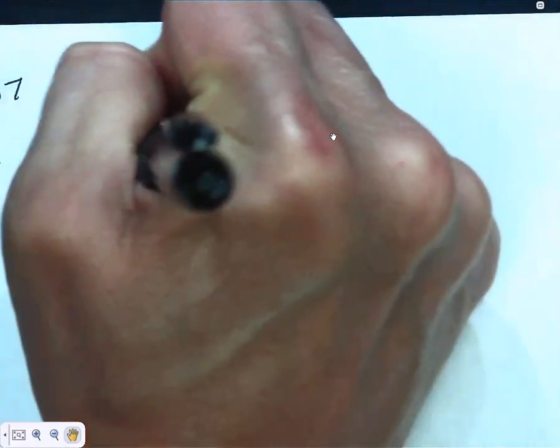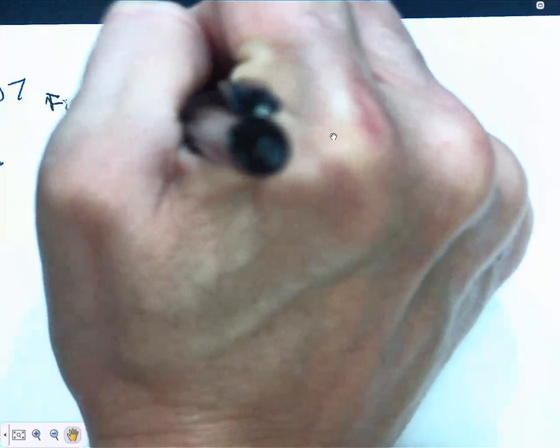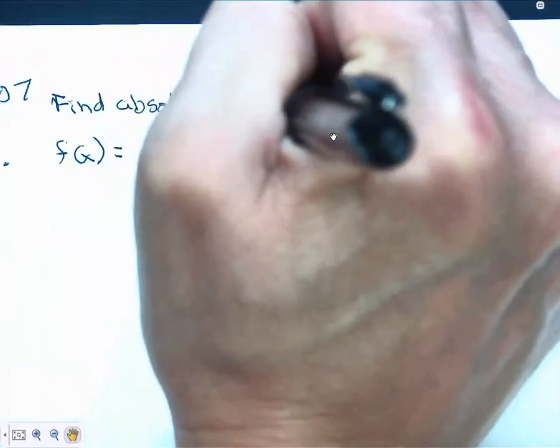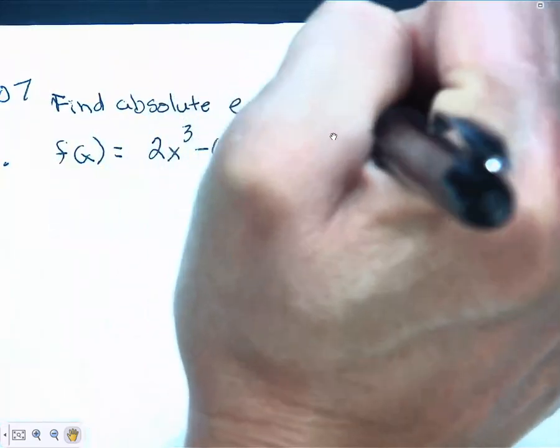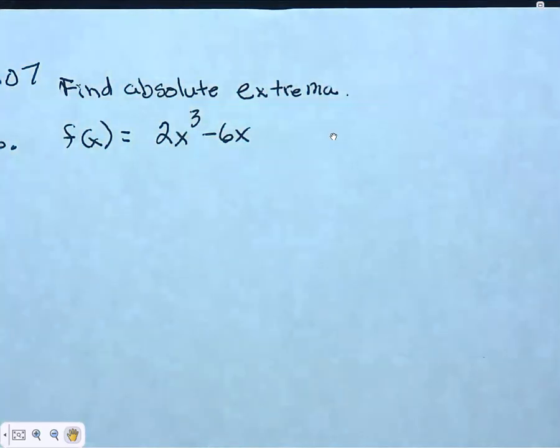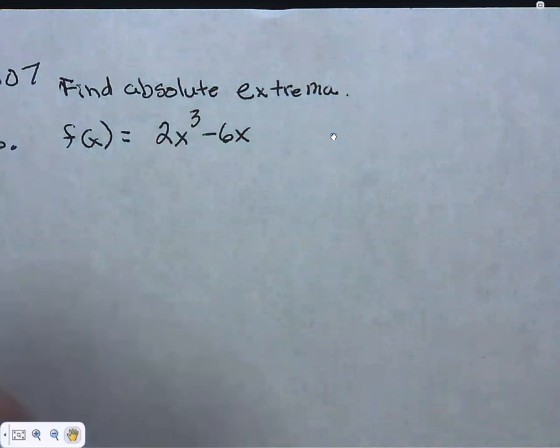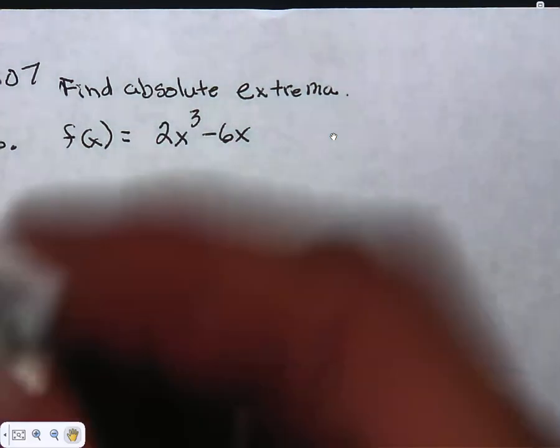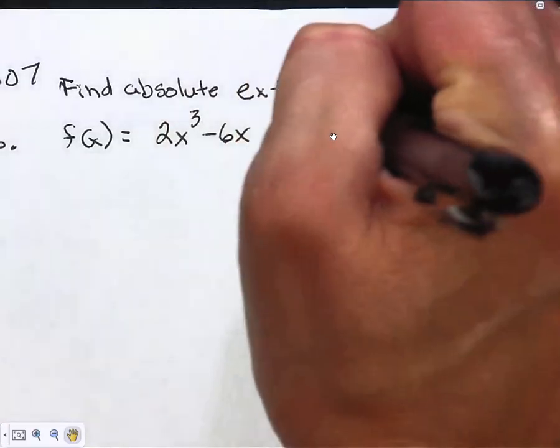Number 26. These say find the absolute extrema. And what we have to keep in mind is that absolute extrema on a closed interval, and then number 26, the closed interval that we're given is from 0 to 3.